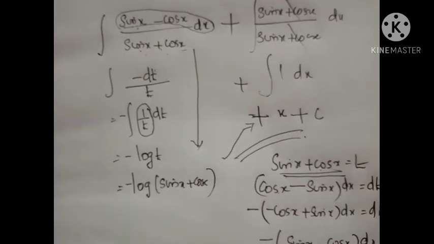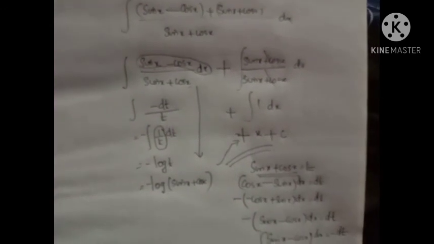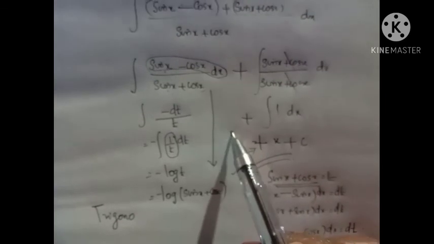Okay. So in this manner we can do all the problems belonging to exercise 7.2. The next exercise, 7.3, is also based on the same method, substitution method, but there is a difference: all the questions are in terms of trigonometric functions. Here we discussed algebraic, logarithmic, all the functions carrying the variable form.